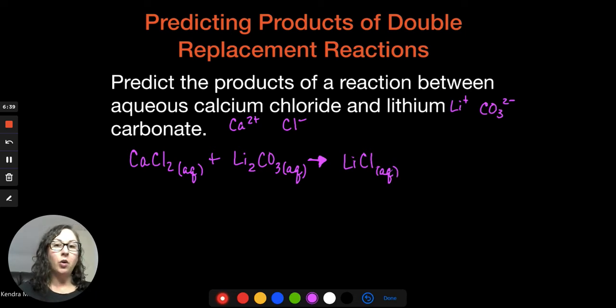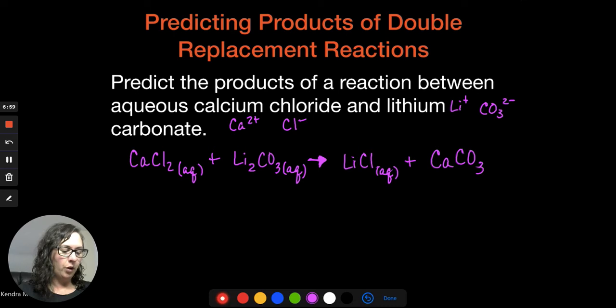Now, no reaction occurs if everything on the right-hand side of the equation is aqueous. So now the question becomes, well, what happens with carbonate? If we go with calcium carbonate, CaCO3, there are a 2+ and a 2-.